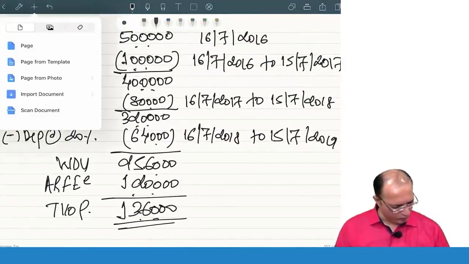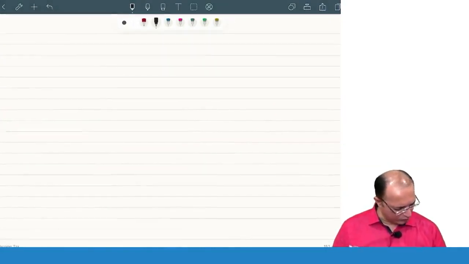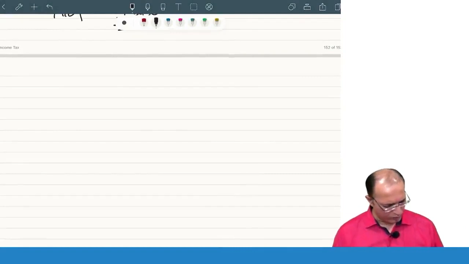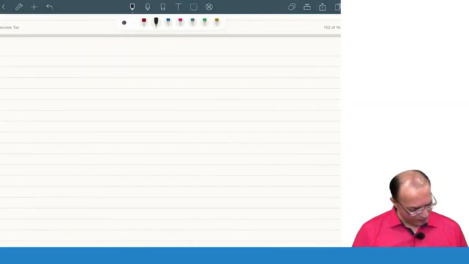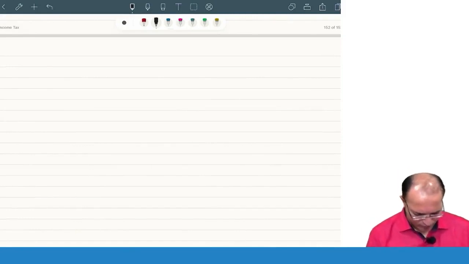Now, before we move on to that perquisite, 17(2) clause 3, I'll help you to remember all the perquisites.